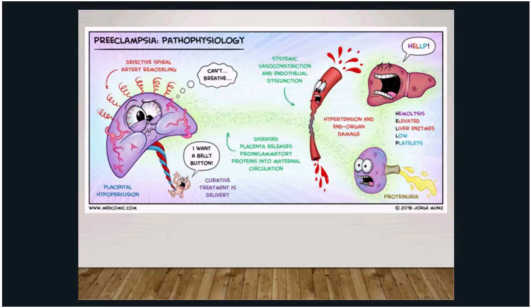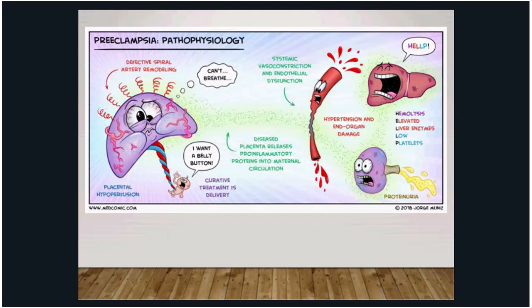Here's a better picture of preeclampsia pathophysiology. So you see the placental hypoperfusion, baby screaming, I want a belly button, and the placenta screaming, I can't breathe. The curative treatment for this preeclampsia is delivery, so getting the baby out. Systemic constriction and endothelial dysfunction, so hypertension and end organ damage.